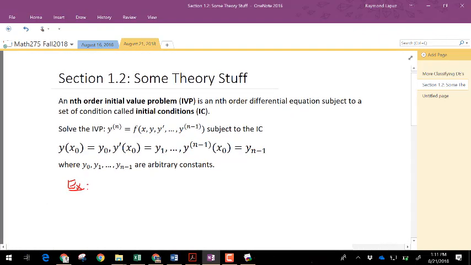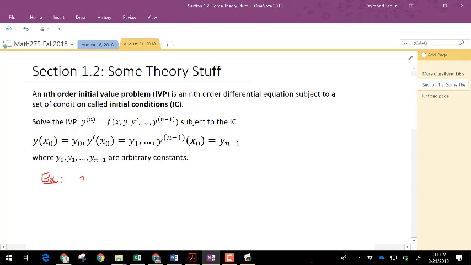Let's pretend we have an acceleration of a projectile, and let's say a of t equals negative 32 feet per second squared. And then you throw this off of a building.